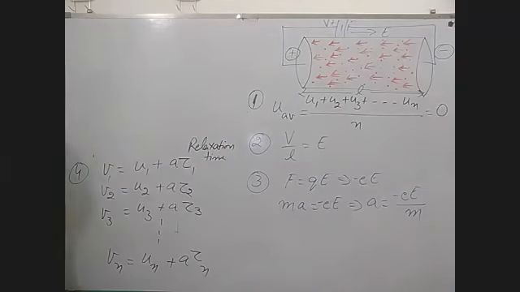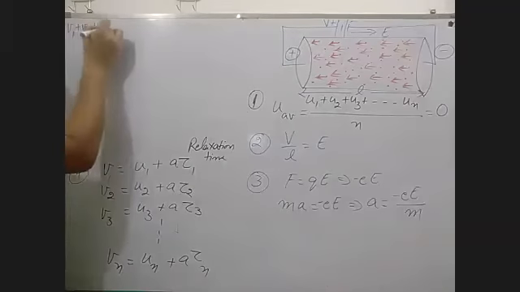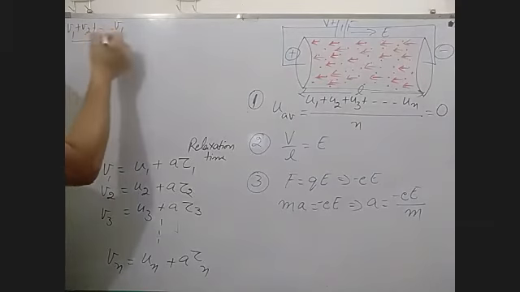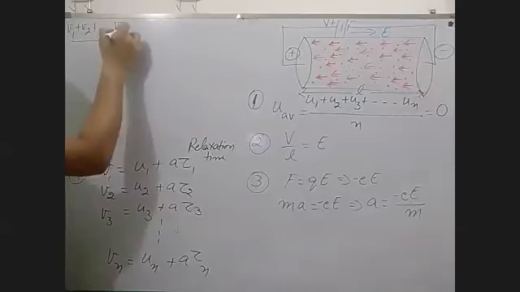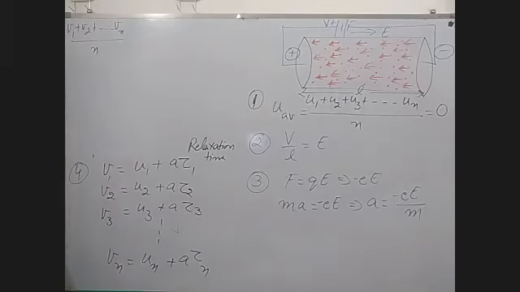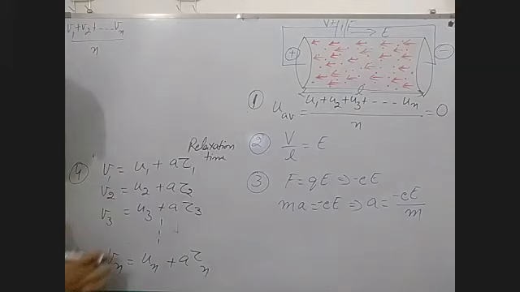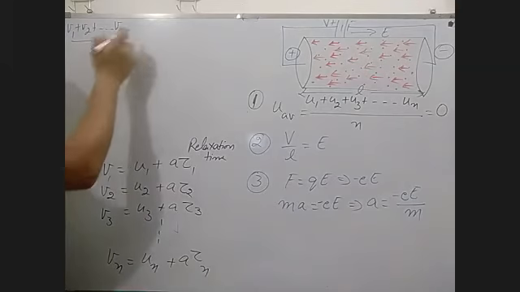For calculating drift velocity, take the average of these. Now we are taking the average. Average you can write in this way: v1 plus v2 plus v3, sorry, vn upon n. Okay, in this way you have to add all these equations and divide by n.